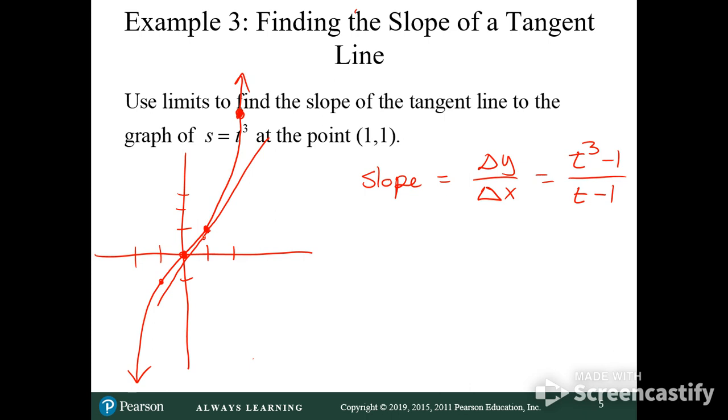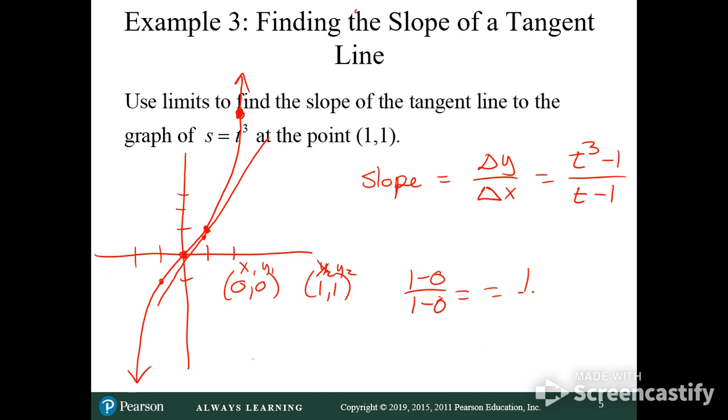Well, when I'm really close to here, t changes. Because if I wanted to find the slope between 0, 0 and 1, 1, I'd just take y2 minus y1 over x2 minus x1. Because this is x1, y1, this is x2, y2.